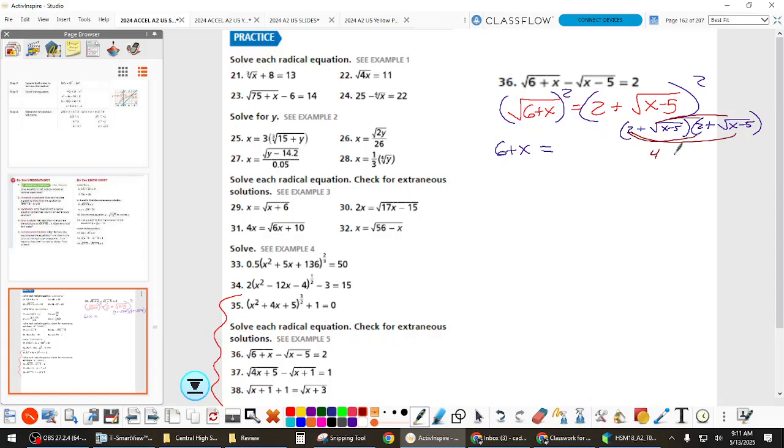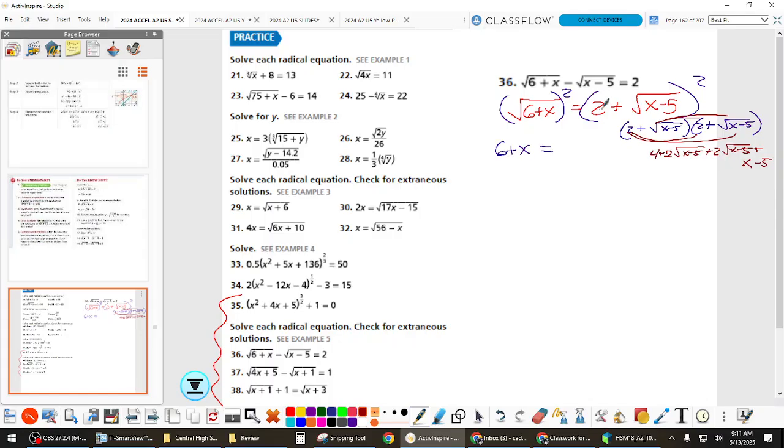Okay, so we'll get 4, and then 2 roots plus 2 roots. And then the end just turns into x. You have to put that x minus 5 in parentheses? You don't, because we're squaring something.